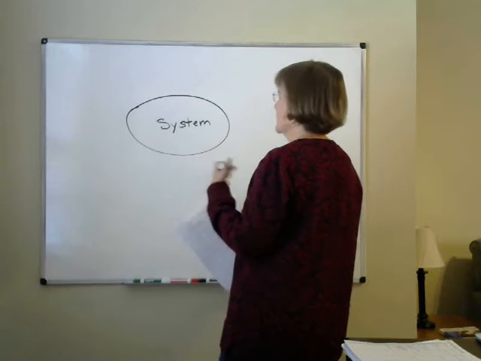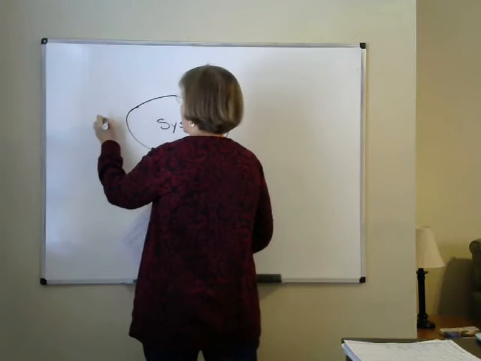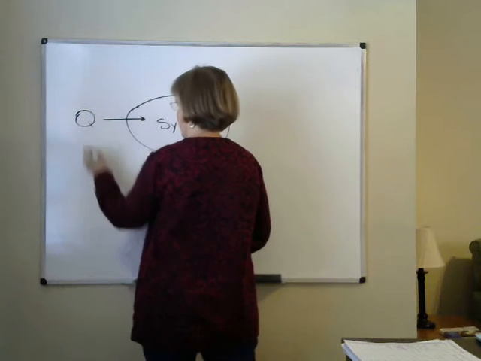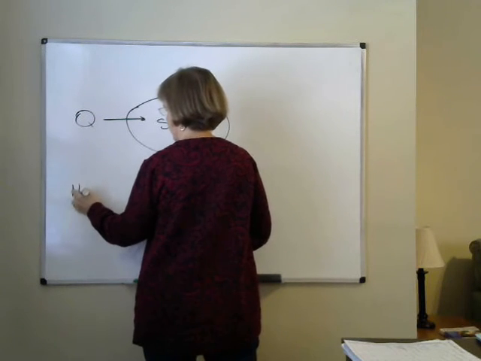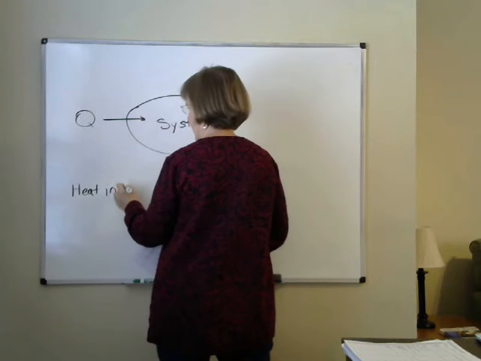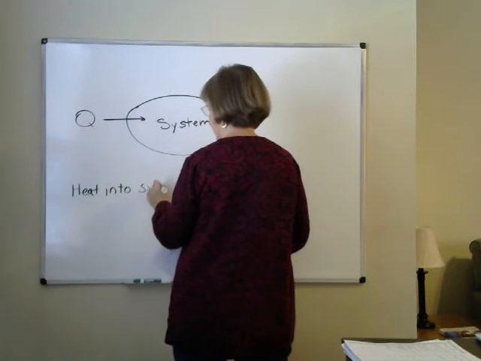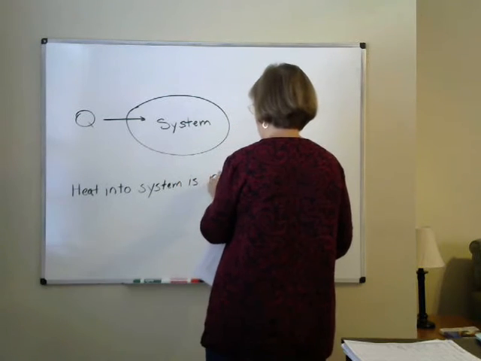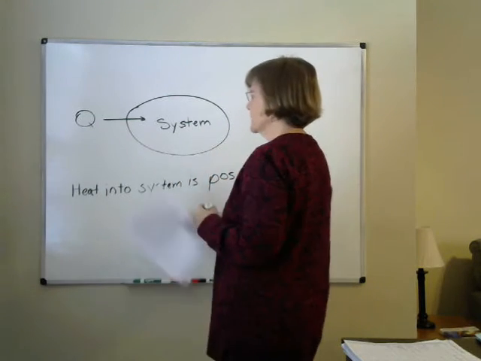So in this first example, let's say we add heat into the system. That is considered to be positive heat. So this would be positive heat.